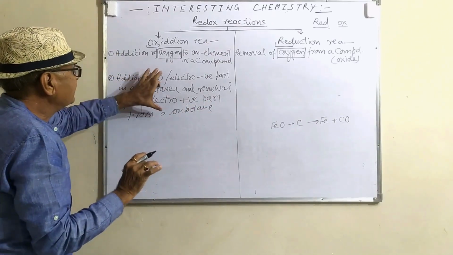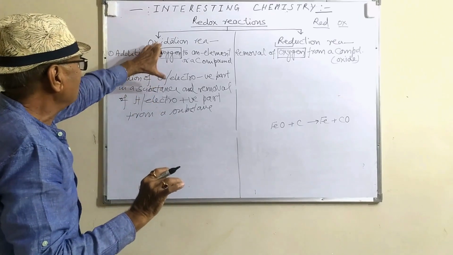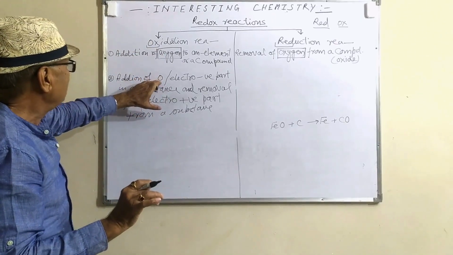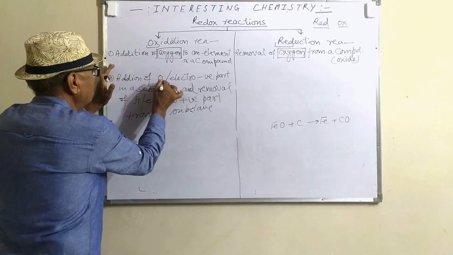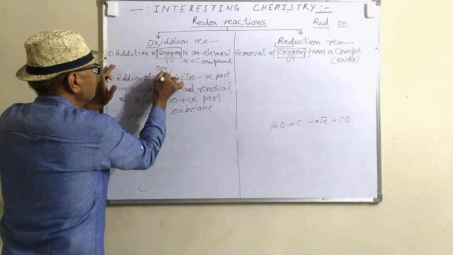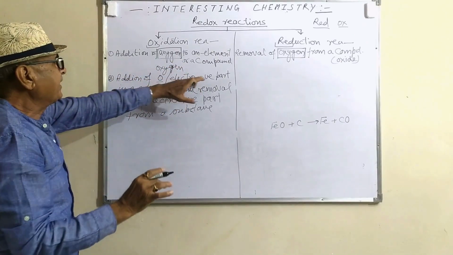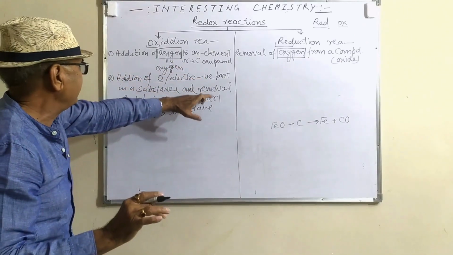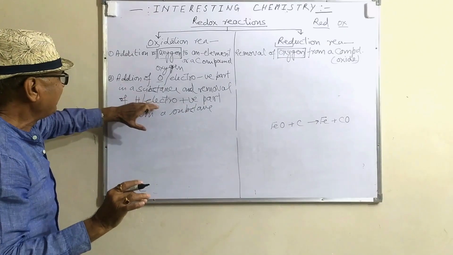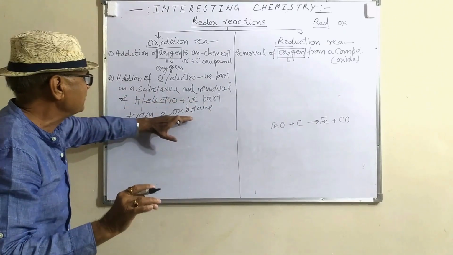Professor, so it is the complete definition of the oxidation. Addition of the oxygen, O means oxygen, and electronegative part in a substance, and removal of hydrogen and the electropositive part from the substance.